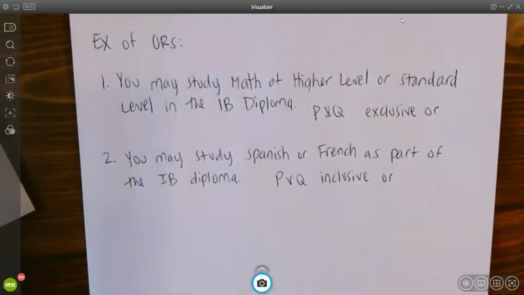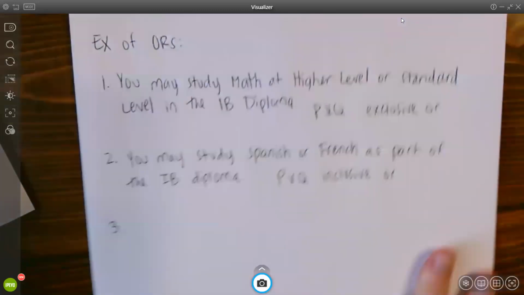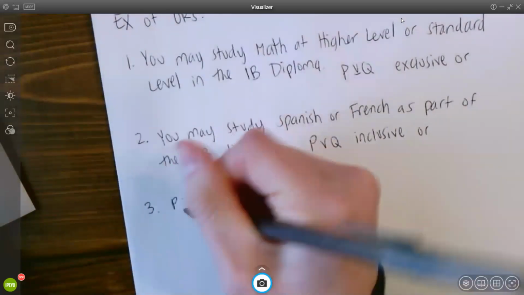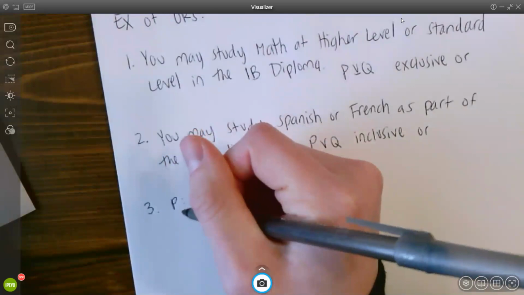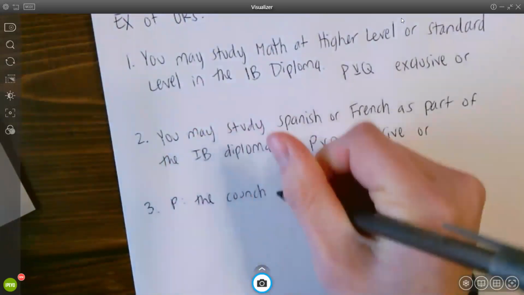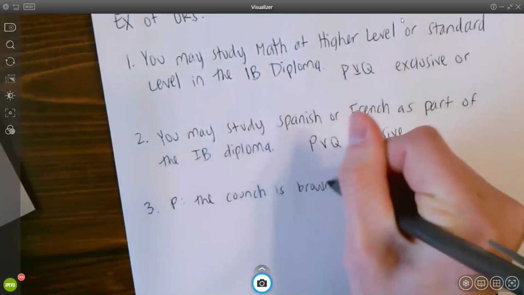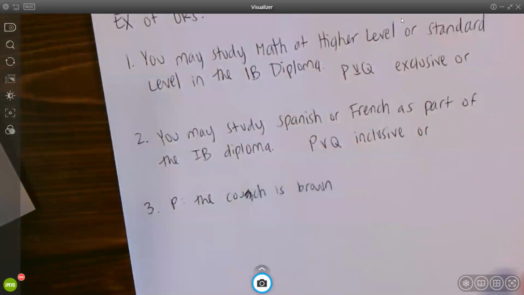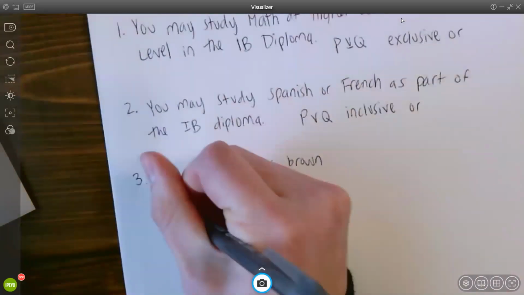So another statement I could have is P, the couch is brown. Oh, I spelled couch wrong, sorry. And Q, the chair is red.